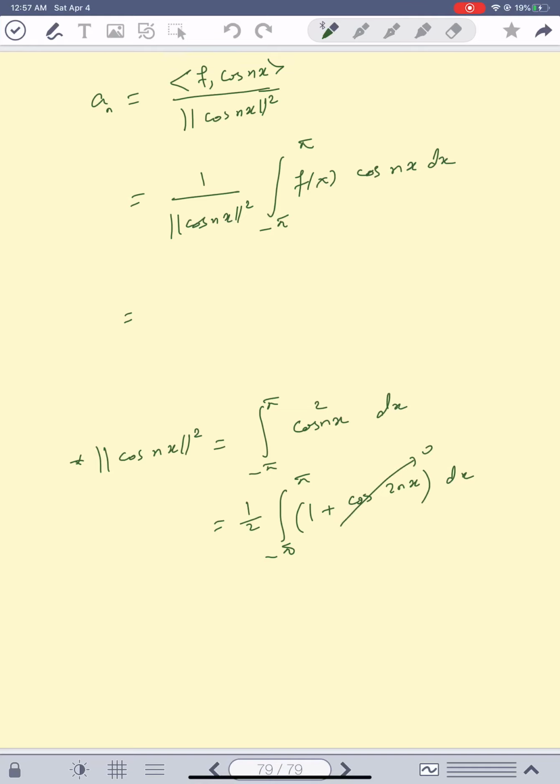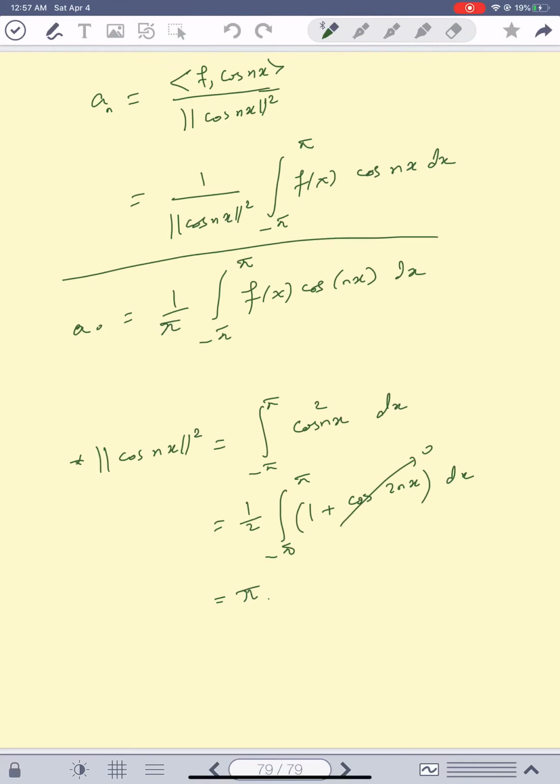This term gives 0, and this integral is 2 pi over 2, that's pi. So that's why we have here 1 over pi times the integral from minus pi to pi of f of x cosine nx dx. So again, this is an, and this is exactly what we have in our Fourier series formulas.